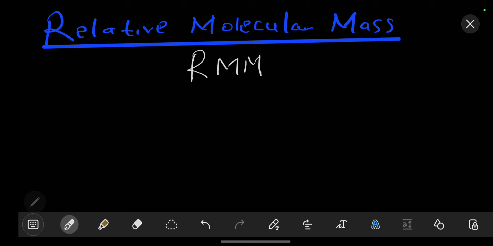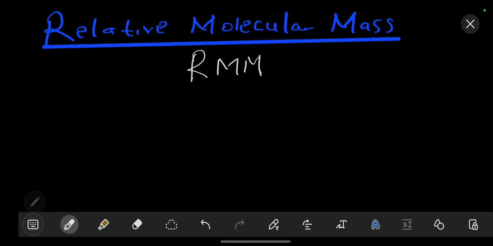And just to mention something very significant, whenever you see RMM, firstly, know it means relative molecular mass. But if you don't see RMM, I want you to understand that RMM, which is relative molecular mass, and molar mass, and atomic mass, they are all the same thing.